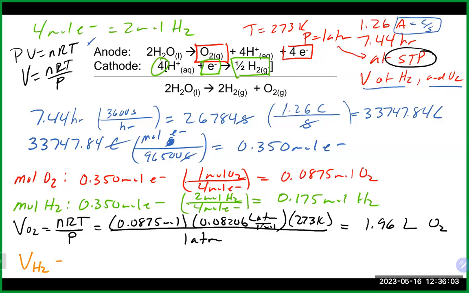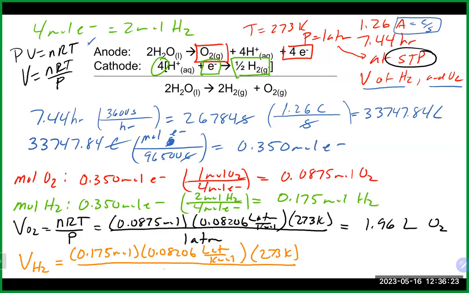It would be our same nRT over P. So put in our numbers, making sure to use hydrogen's moles here. 0.08206 liter atmosphere per Kelvin mole times our 273, again, all divided by 1 atmosphere. Going to get us here 0.175 times 0.08206 times the 273, which is 3.92 liters of H2 in this case.